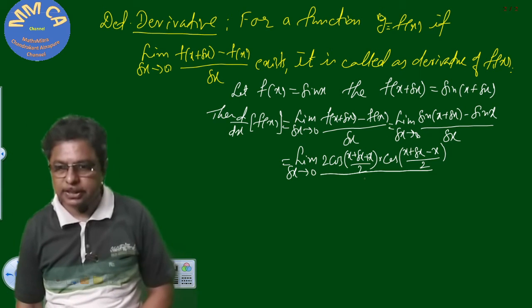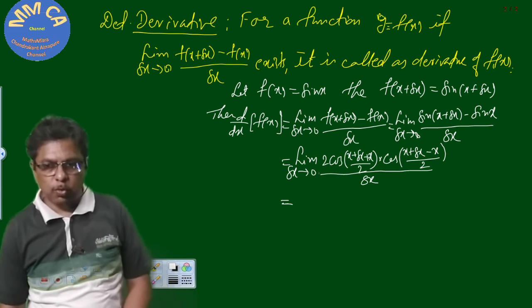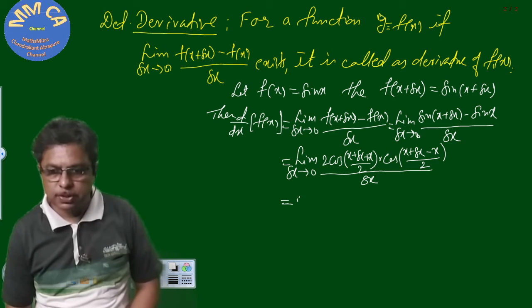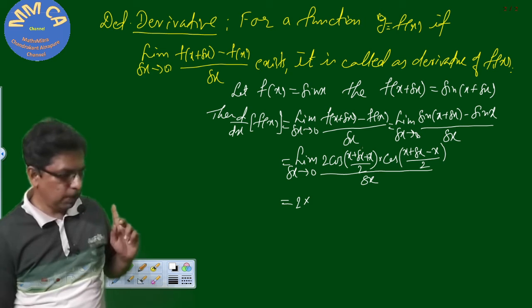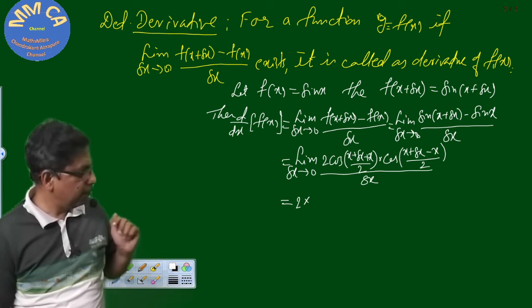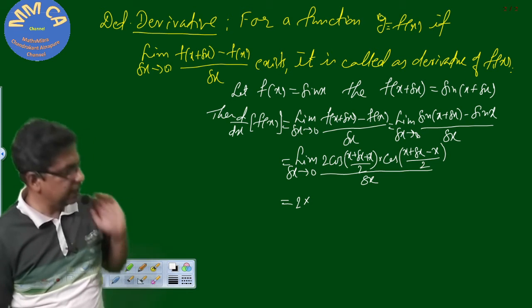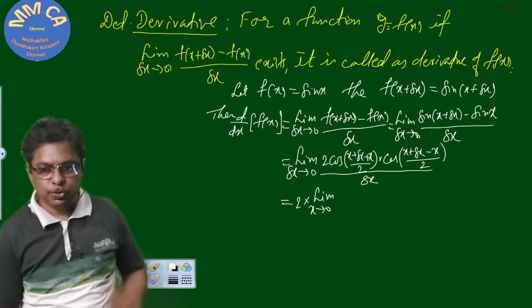Now see here, 2 is a constant and can be taken outside the limit, so I'll write that first. Into here, x plus delta x plus x means 2x plus delta x divided by 2, and if we put delta x equal to 0, this term is not becoming 0, so we'll take it separately. Now we'll consider its limit, delta x tends to 0.